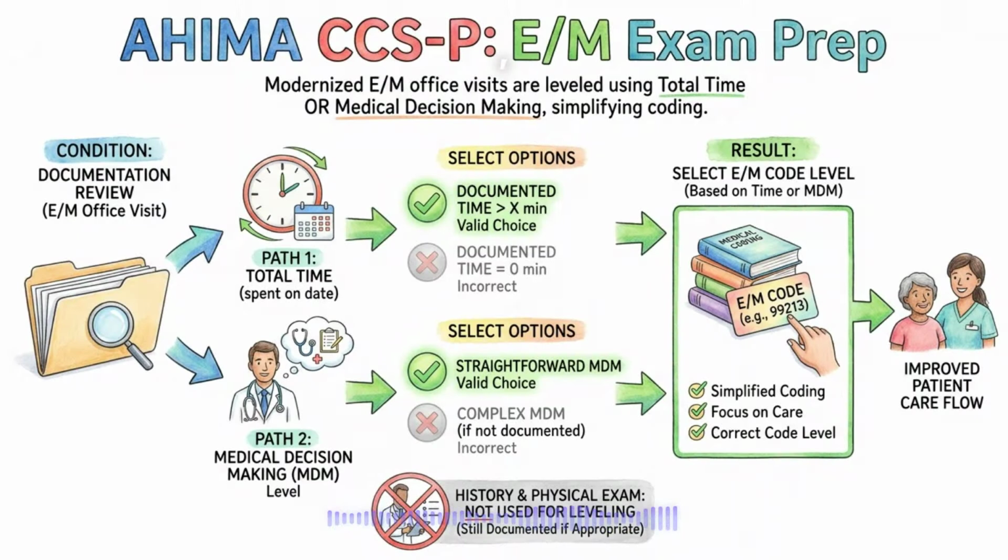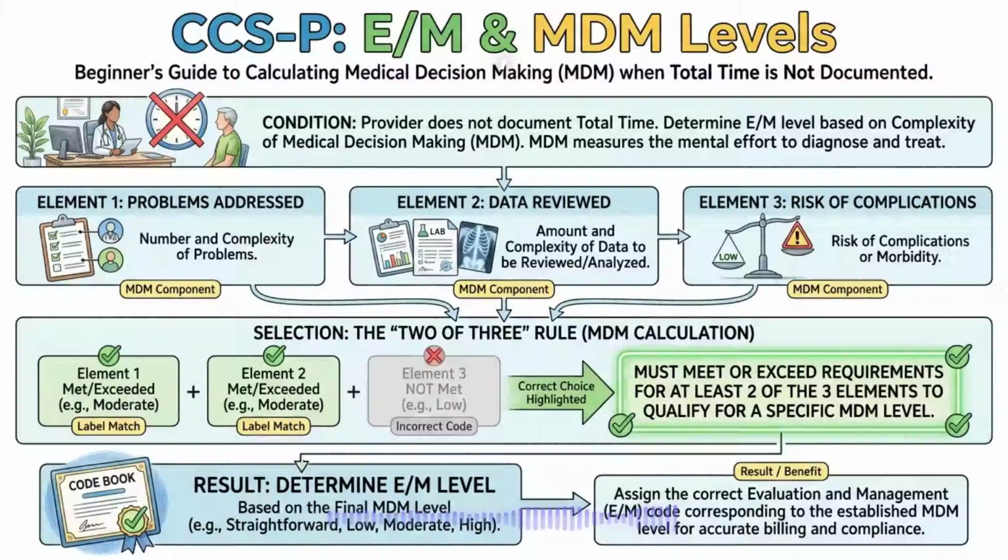You cannot include time spent by the clinical staff, such as a nurse taking vital signs, because the physician did not perform that work. If the provider's documented total time meets the threshold required by a specific CPT code, you can select that code directly. If the provider does not document their total time, you must determine the E/M level based on the complexity of medical decision-making.